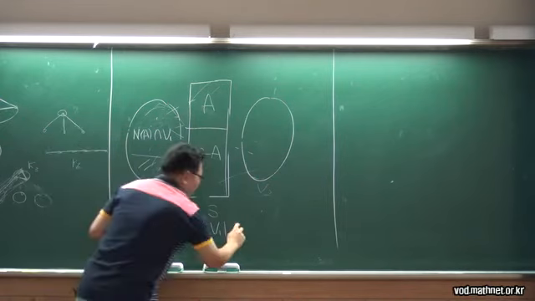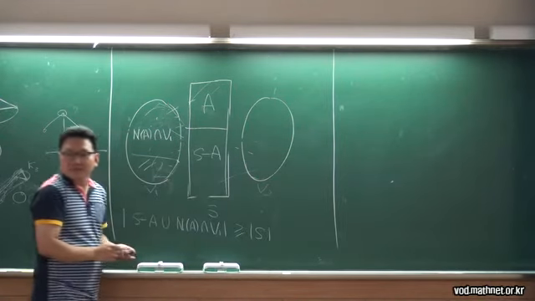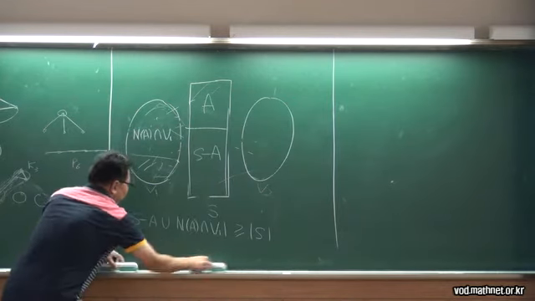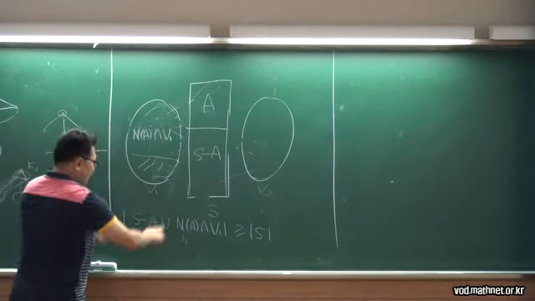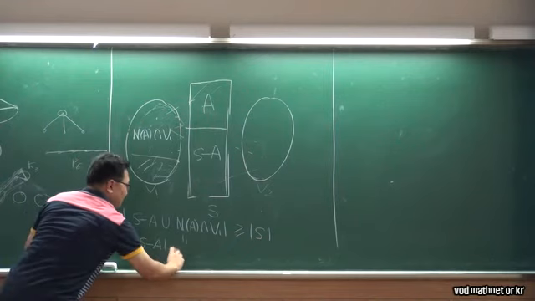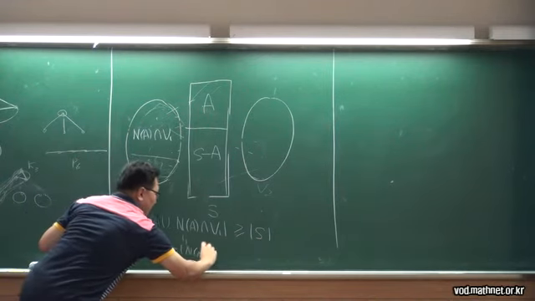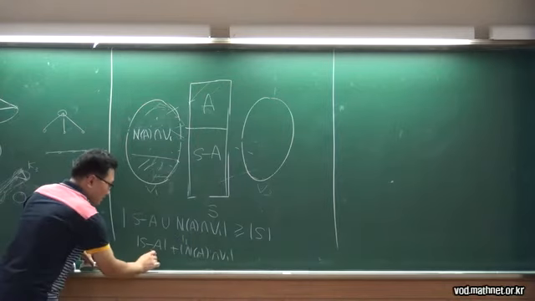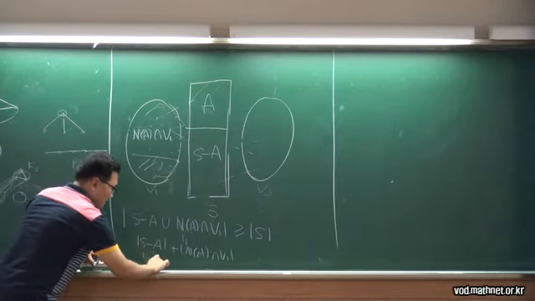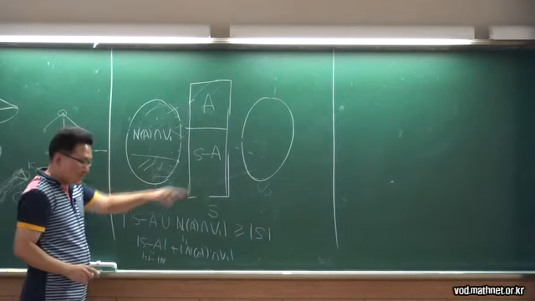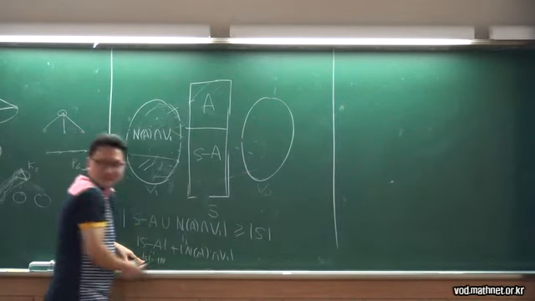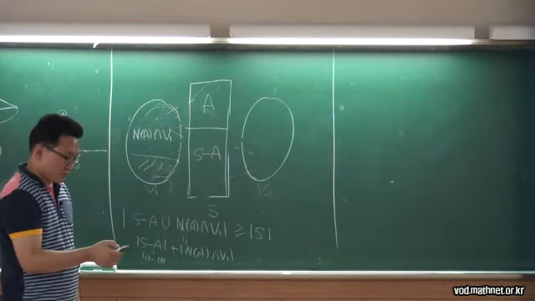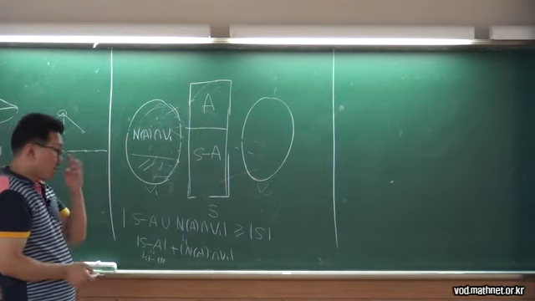But this is greater than or equal to the size of S because we chose the smallest one. They are all separating. This is S minus A plus N(A) intersection with V sub 1 in here. But see this one? This is S minus A. Oh, S is cancelled. Then we have this inequality.